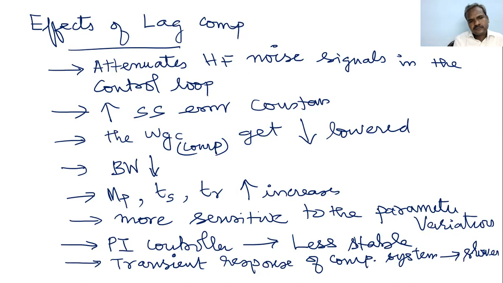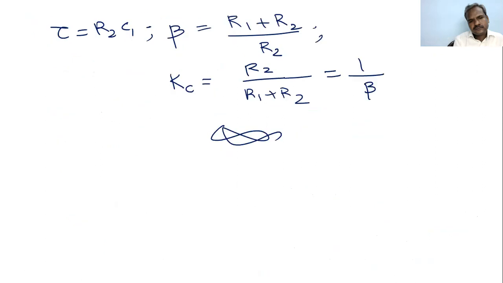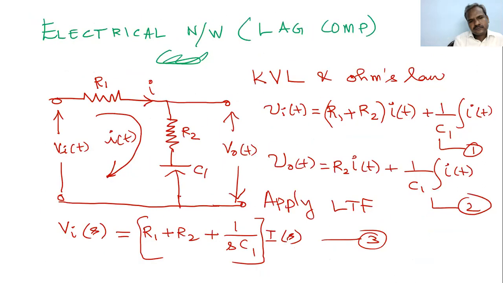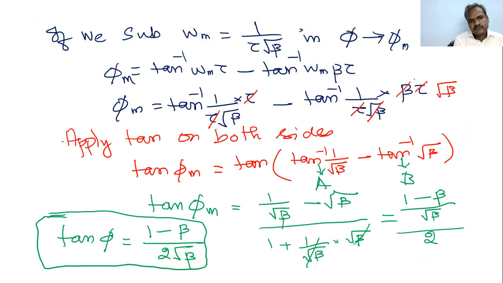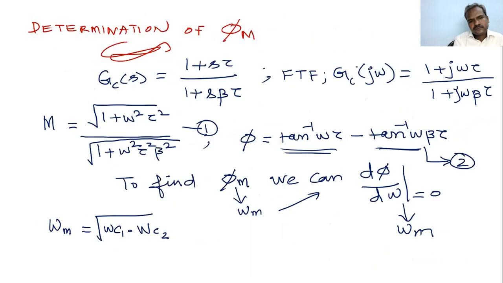So this is all about lag compensators, the electrical network. Now the maximum phase angle determination: the maximum frequency we also decided. So what will be the corresponding maximum amplitude?